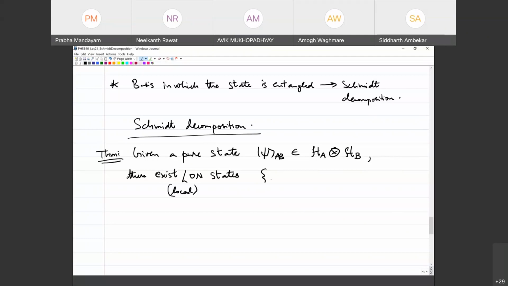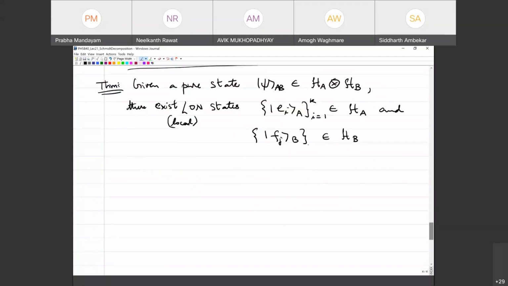So I'm writing two local sets now, EI, where I goes from 1 to K, let's say. This belongs to HA. And another orthonormal set, Fj, which belongs to HB. Again, let's say J goes from 1 to K.